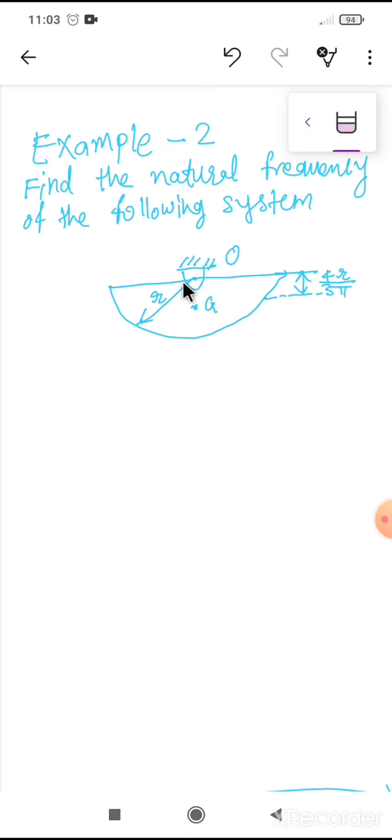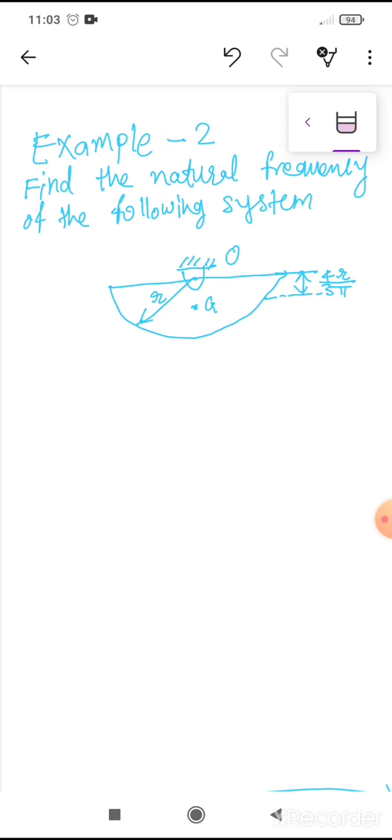Suppose this semicircular disk has a center of gravity G. Now the distance between the center of rotation and the center of gravity is given: it is 4r by 3 pi.